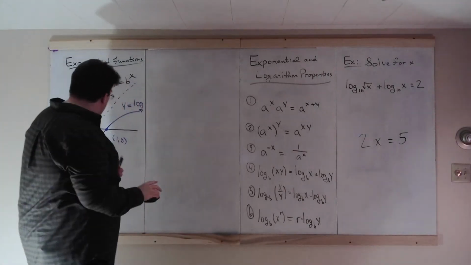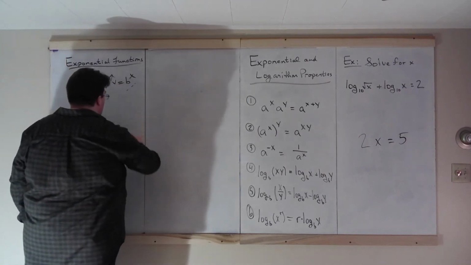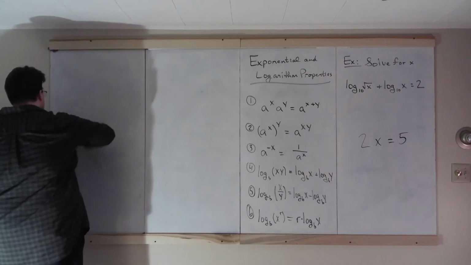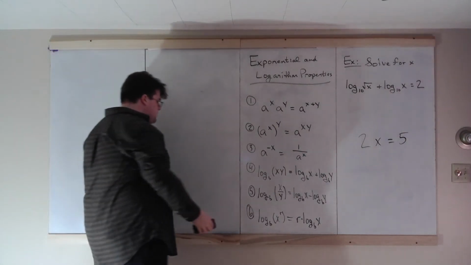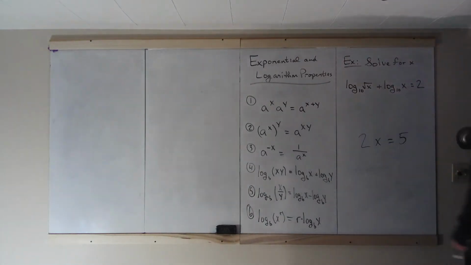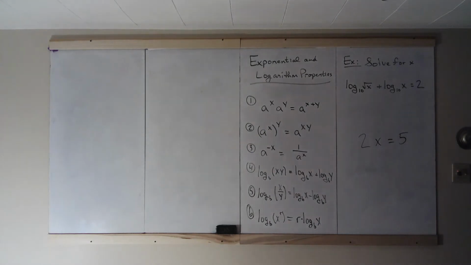I would imagine many of you came up with one answer. How about a second answer? How would you solve 2x equals 5 for x? How many ways can you do that? Well, you get rid of the 2. How do you get rid of a 2?